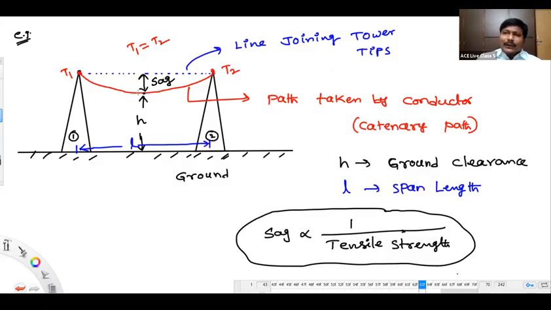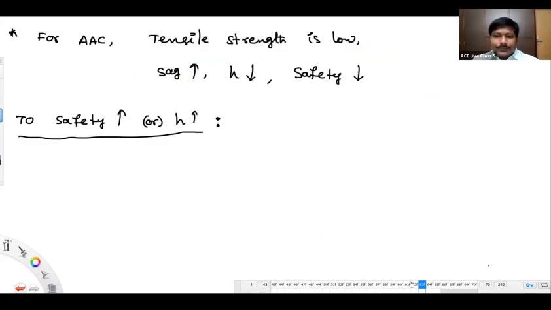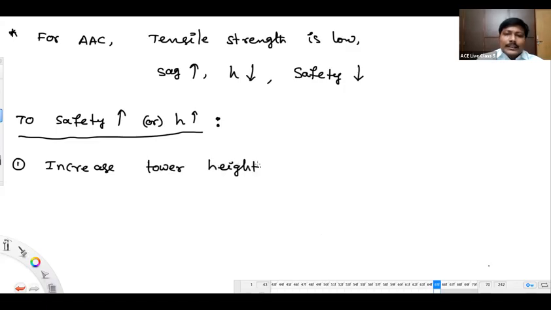But increasing tower height definitely increases the cost of the system. That may not be economical. So the first technique is to increase the tower height itself, but it is not economical to go for higher towers.